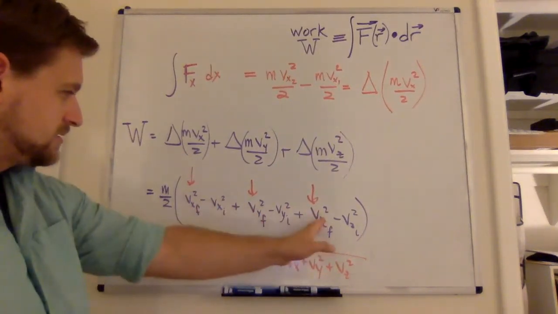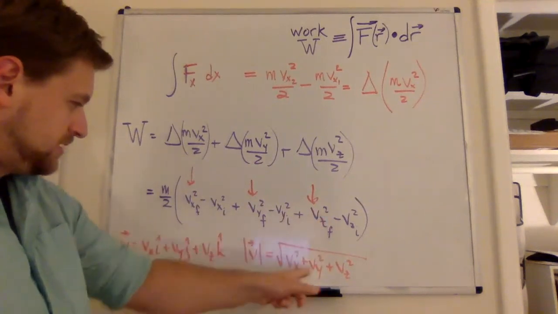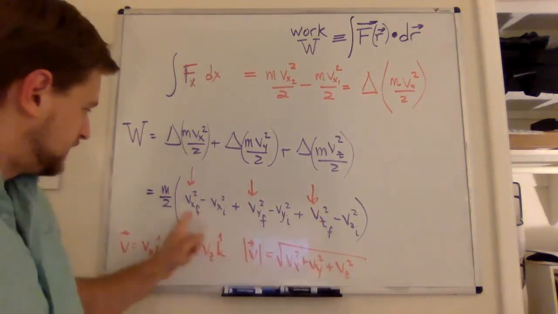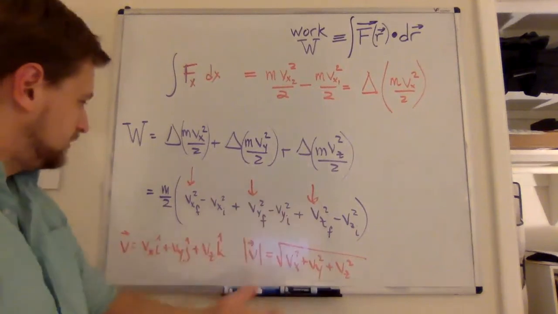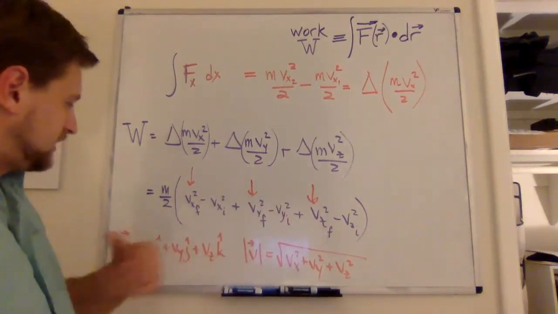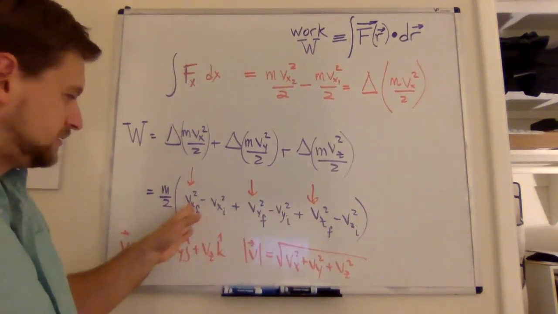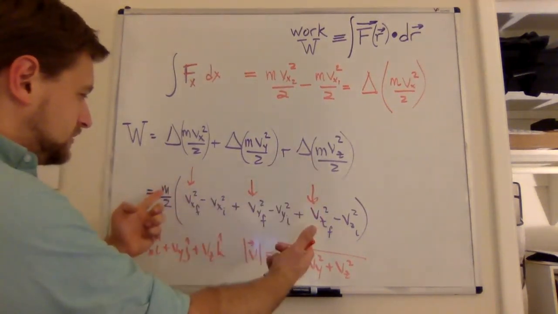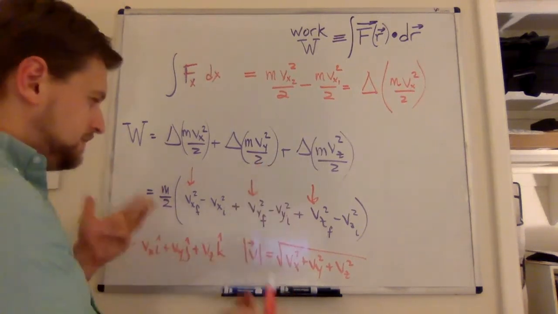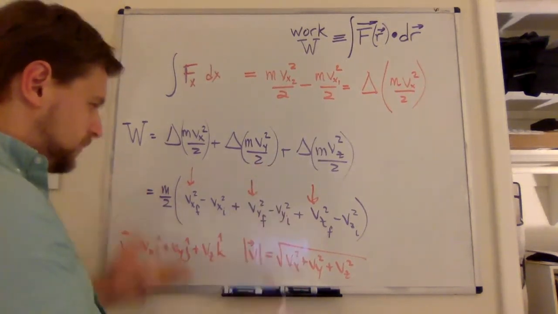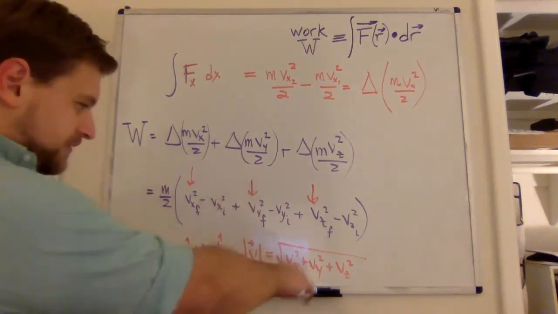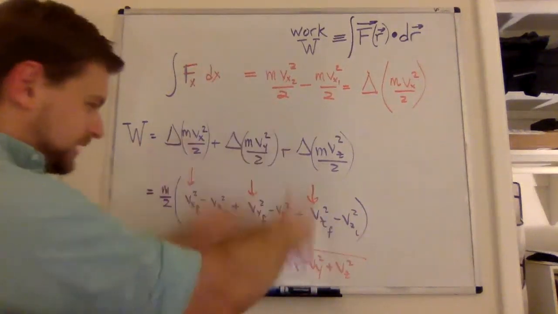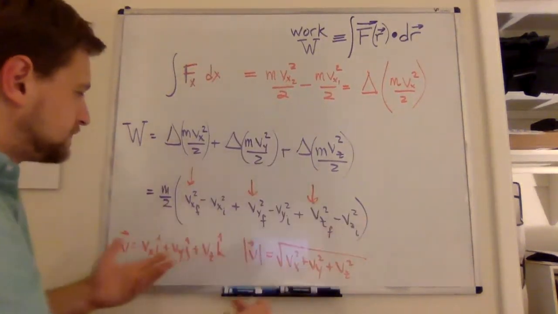Those three pieces are the three pieces here, and they're all in the final condition. So these point to v squared final. It's the magnitude of the velocity squared without the radical, so we squared it.